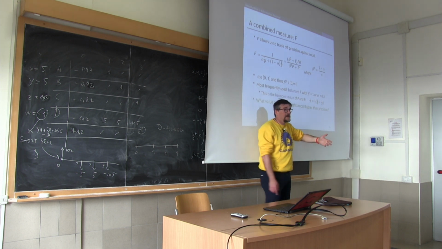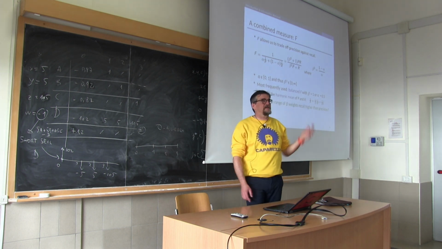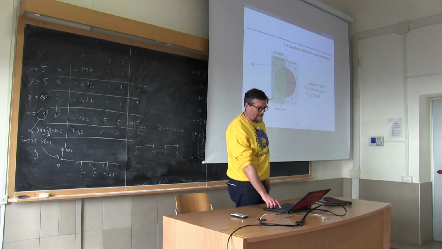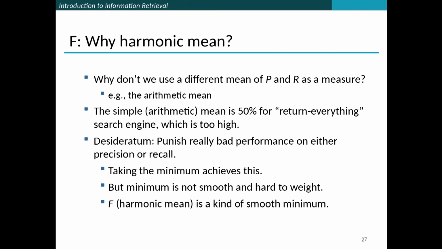We are not averaging with an arithmetic mean. Why? Because with the arithmetic mean you basically get 50% for returning everything.